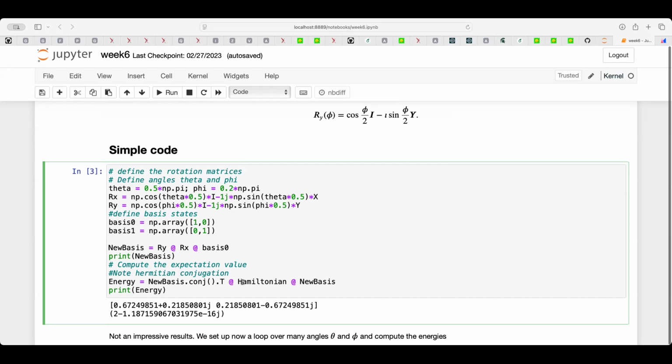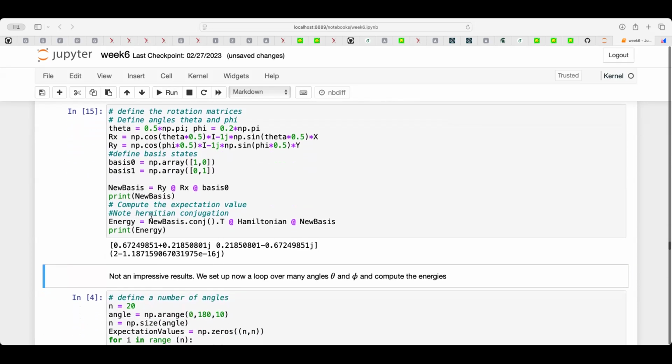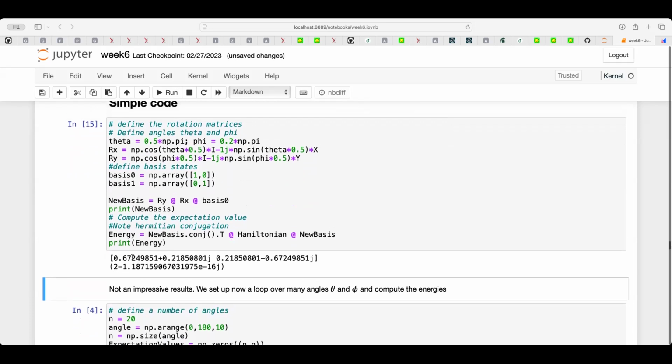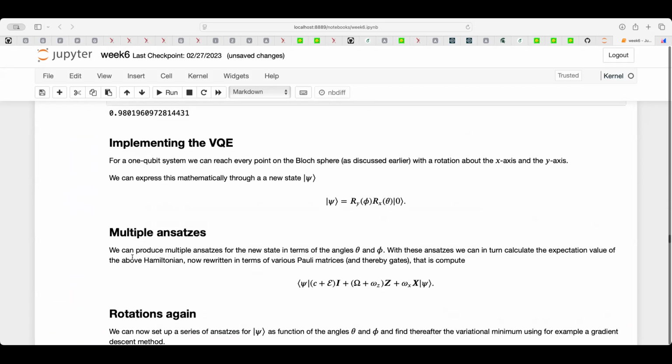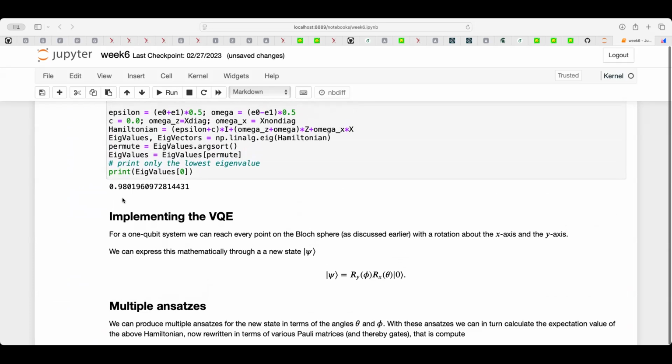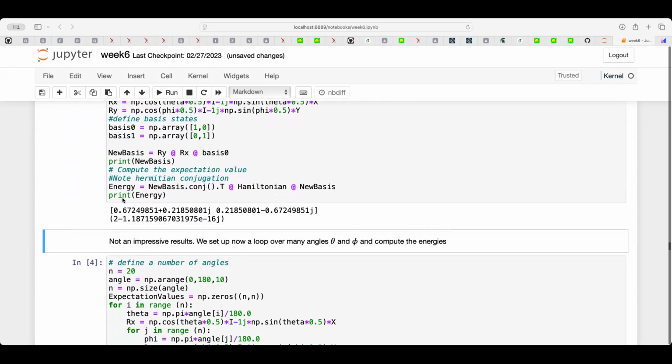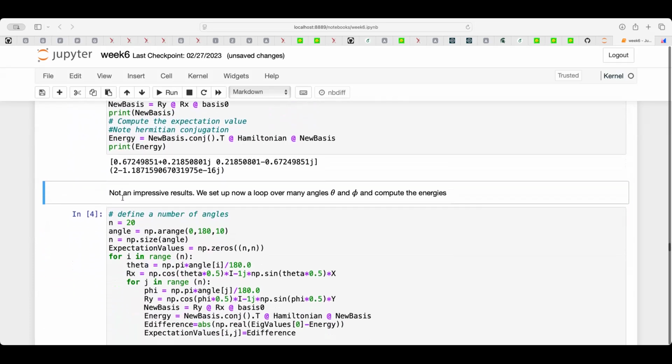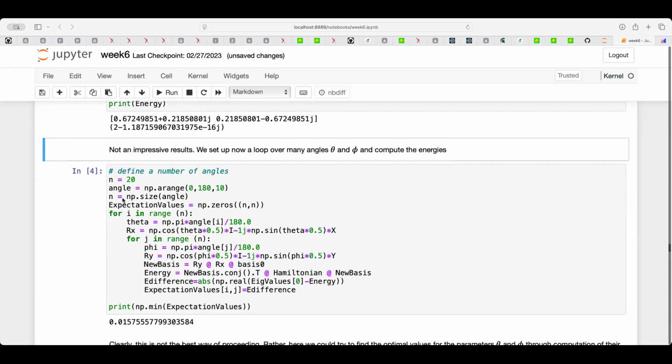So I'm just skipping the quantum computing measurement part. And you see here that the eigenvalue which I get with this specific choice is actually not the best one. If you print the energy here, it has an energy of 2, and it has an imaginary component as well. So this is 2, and I should actually have 0.98. So this is not exactly what I'm looking for.